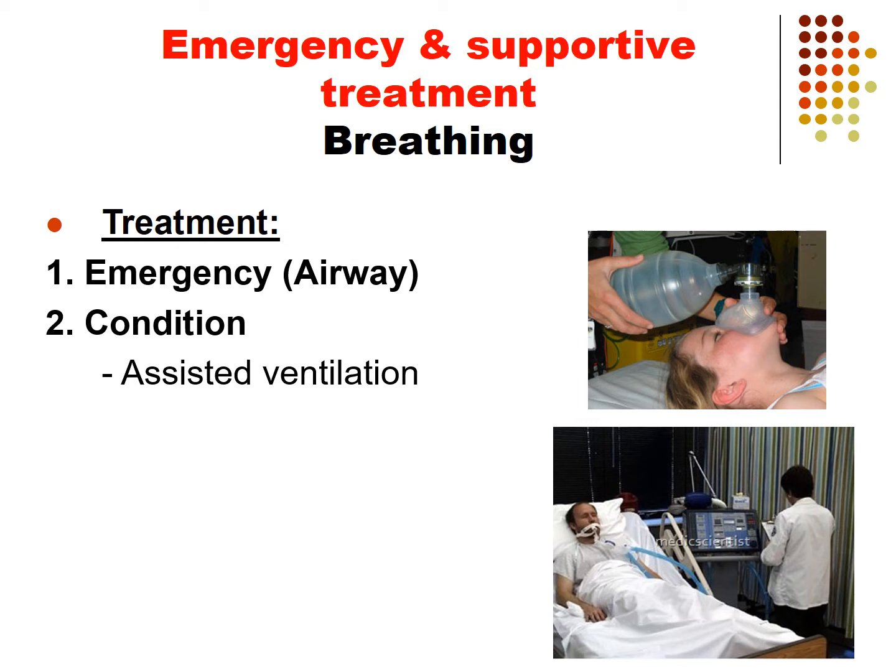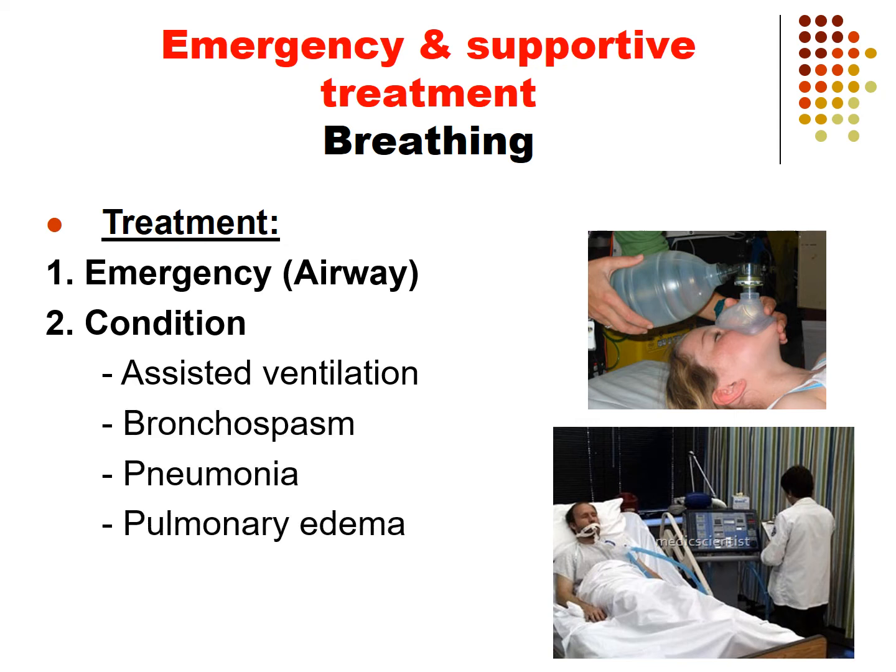Any person with a breathing problem may need assisted ventilation, either manual like this or through the mechanical ventilator like this. Deal with any problem like bronchospasm using, for example, a selective beta-2 agonist to dilate the bronchi, or treat pneumonia and pulmonary edema as usual.